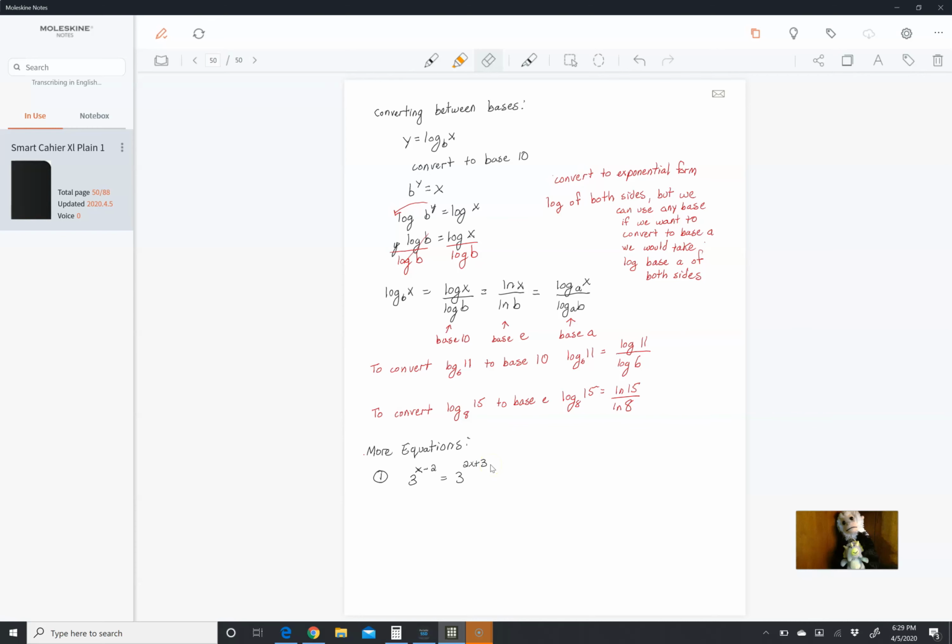So if the bases are the same, the exponents must be the same. And this is by far the easiest way to solve this. So there's no reason to try and solve it in any other way.